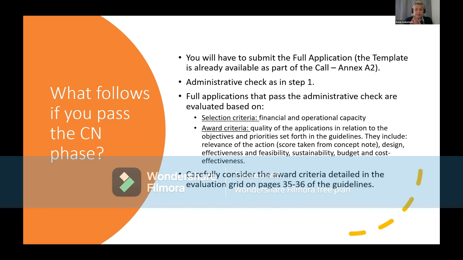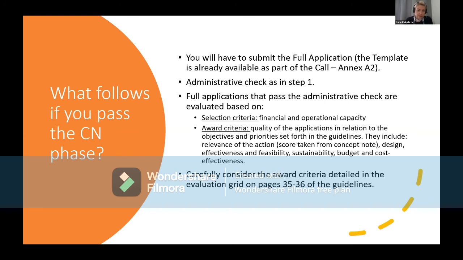Then the design of your action will be evaluated on the basis of the full application, the effectiveness and feasibility of your action, the sustainability of your action after the project ends, and the budget and cost effectiveness.